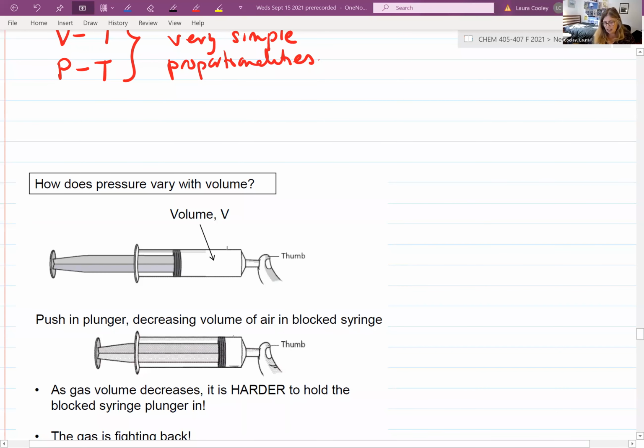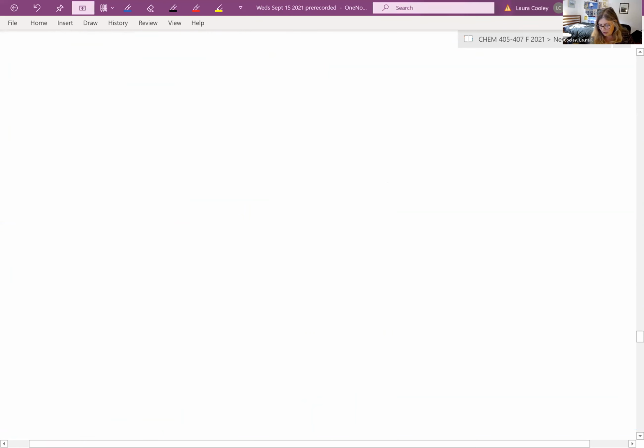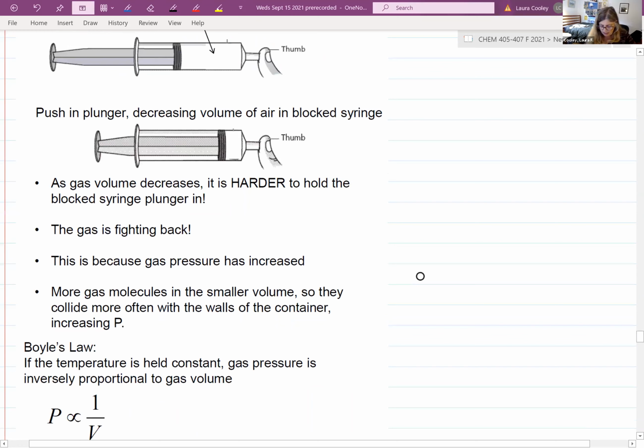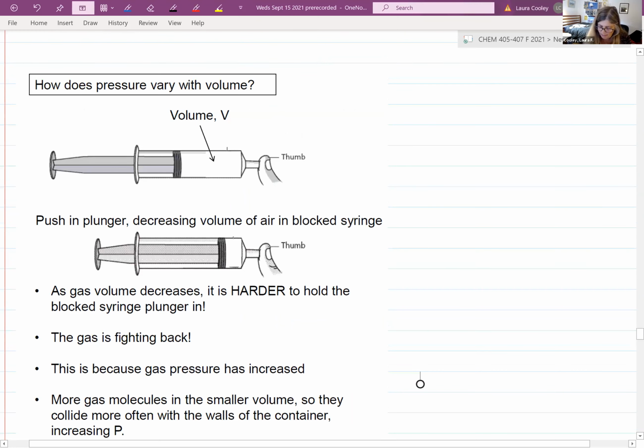So hold on, let's go back to the notes, and I have a cute little illustration here that I use in general chemistry. A syringe with somebody's thumb. I'd hate to be the person whose thumb is held there, but you have a volume. When you haven't really pushed it in, it's just sort of relaxed like that.